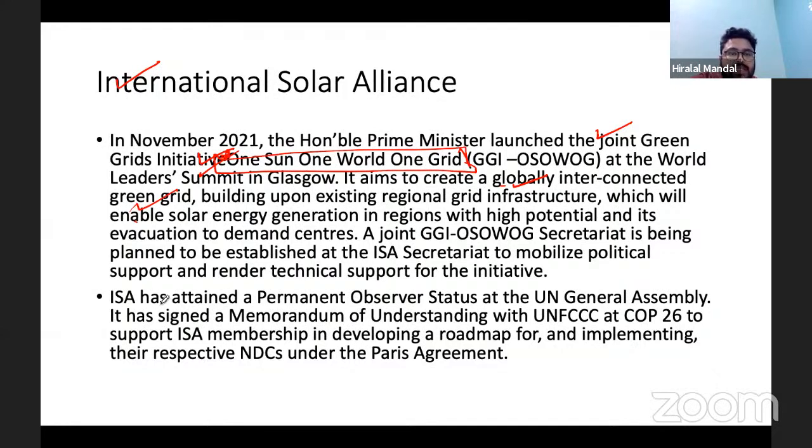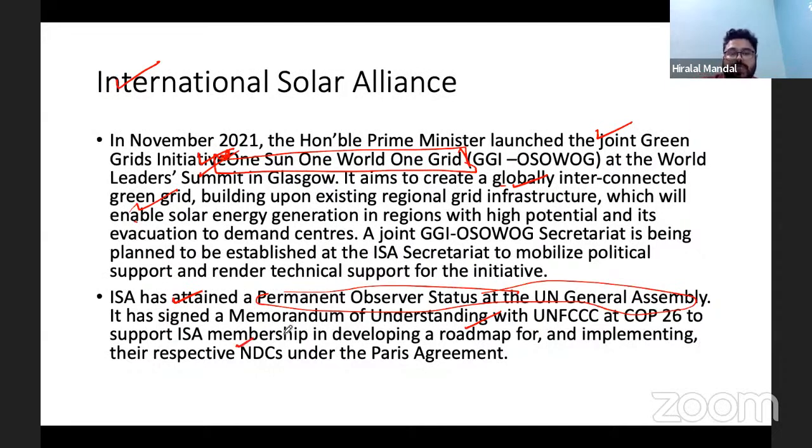The ISA, the International Solar Alliance, has attained a permanent observer status in the United Nations General Assembly. It has already signed a memorandum of understanding with the United Nations Framework Convention on Climate Change at COP26 to support ISA membership.